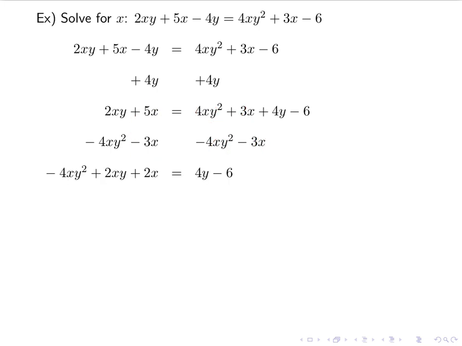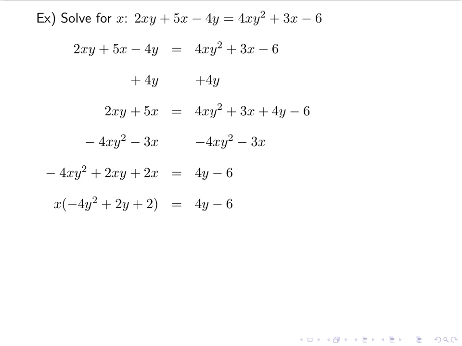So we end up with negative 4xy squared plus 2xy plus 2x equals 4y minus 6. Again, just like last time, everything has an x, so I'm going to factor it out. So I get x times negative 4y squared plus 2y plus 2 equals, the right side didn't change, it's still 4y minus 6.